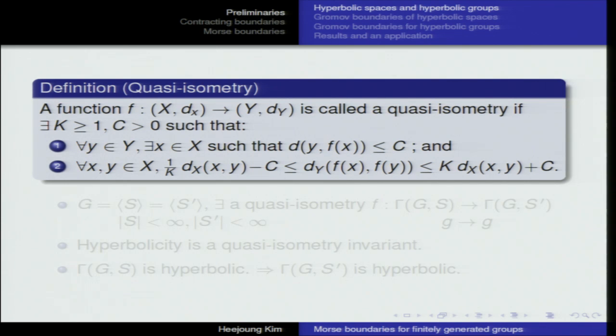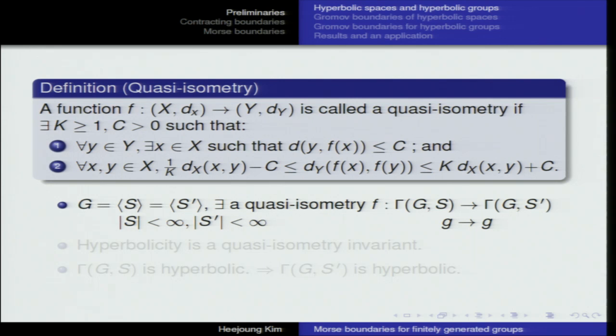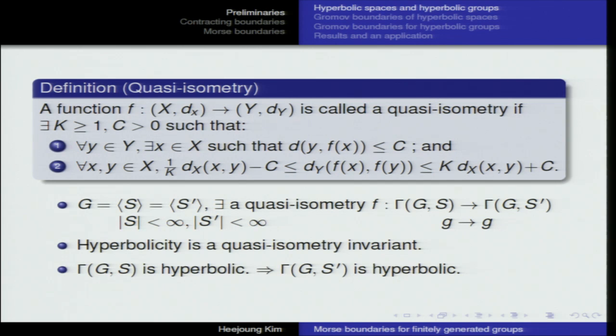We saw this one a lot of times. And as in the previous example, between two Cayley graphs, there is a quasi-isometry. And hyperbolicity is a quasi-isometry invariant, which means if X is hyperbolic, and there exists a quasi-isometry f between X and Y, then Y is hyperbolic. So if one Cayley graph is hyperbolic, then the other Cayley graph is also hyperbolic.